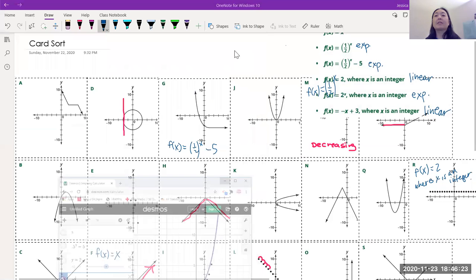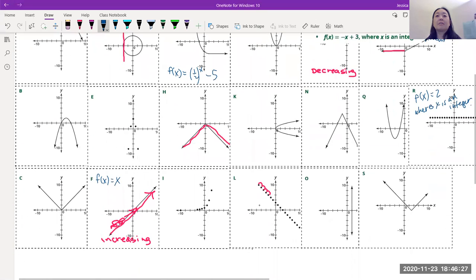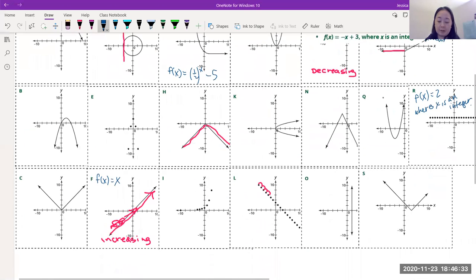So let's see which one does that here. Crossing at 1 and is increasing. Ooh, right here. And was it supposed to be an integer? And you're like, oh yeah, where x is an integer. There we go. So we're going to write down f of x is equal to 2 to the x power, where x is an integer.